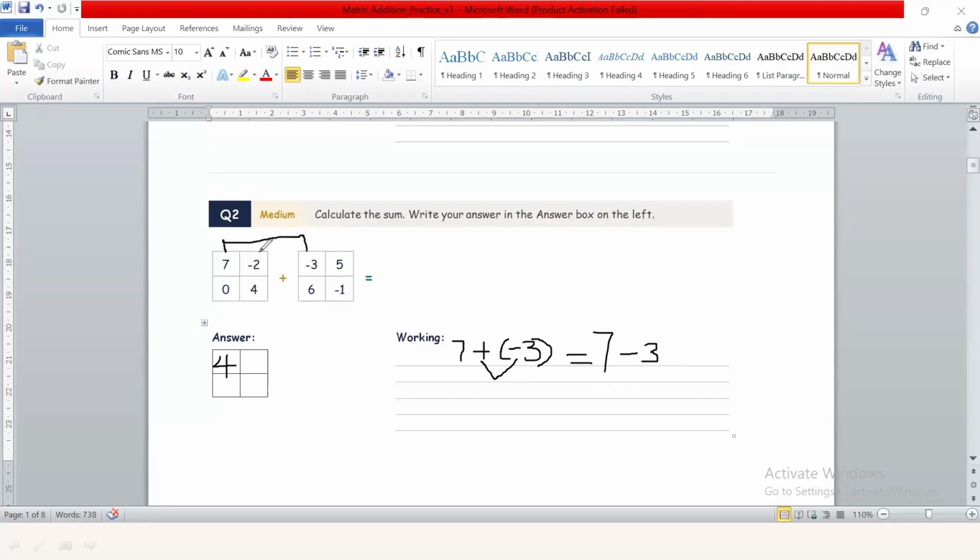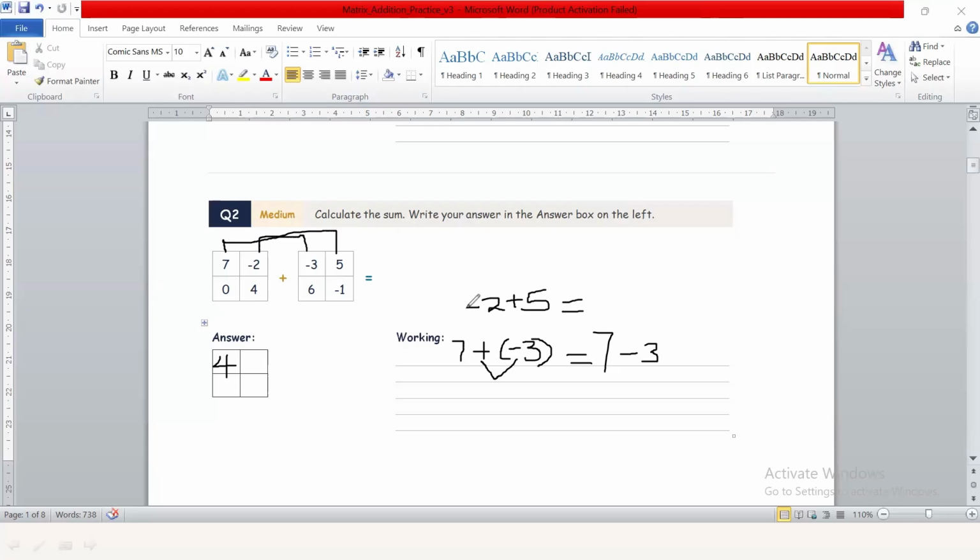So let's move to the next one. We have negative 2 adding 5. Of course, we know our basic operations.